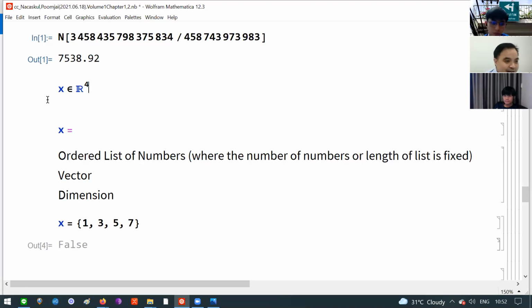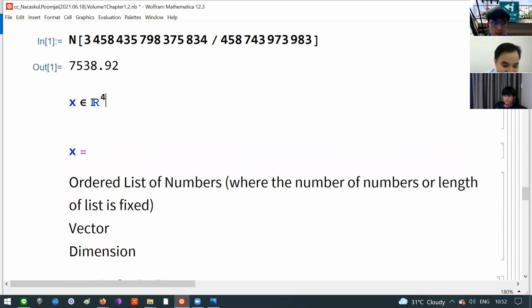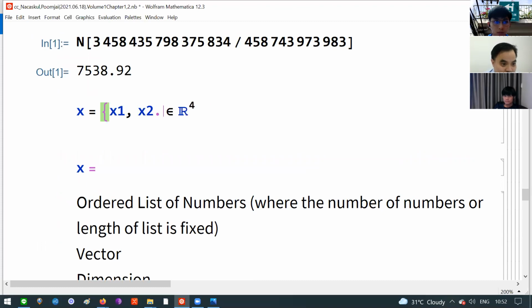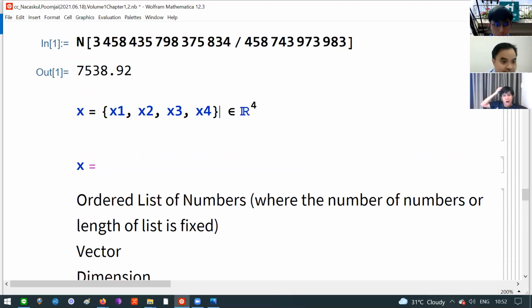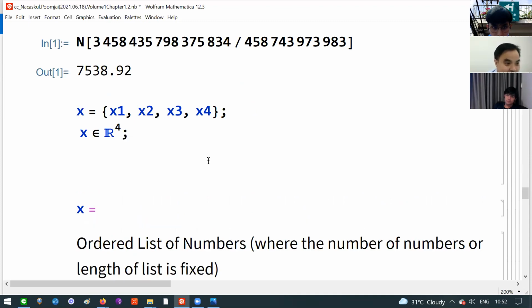So to write it properly, X is equal to X1, X2, X3, X4, where X1 belongs to this, and the individual, all of them, belongs to this.